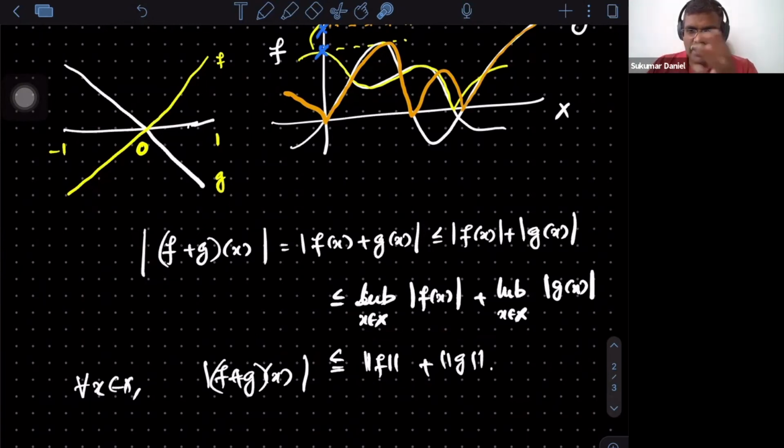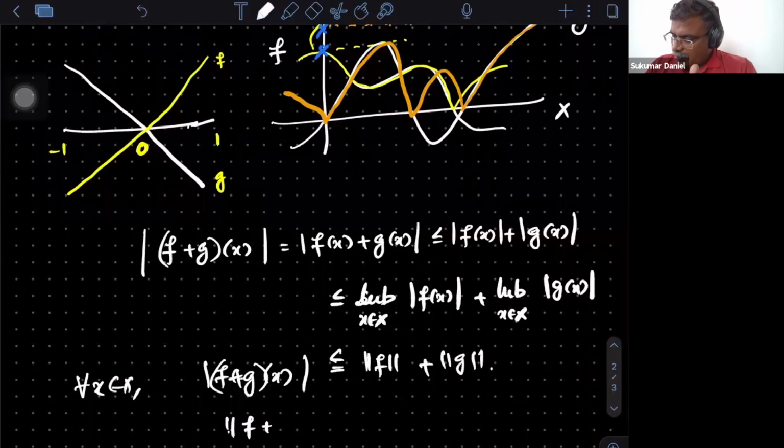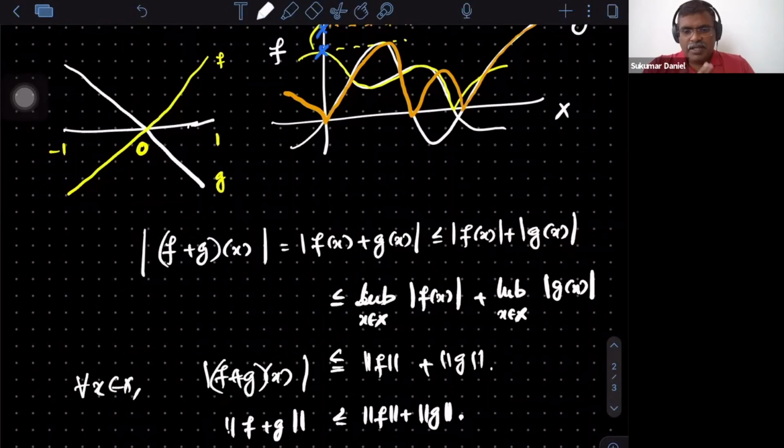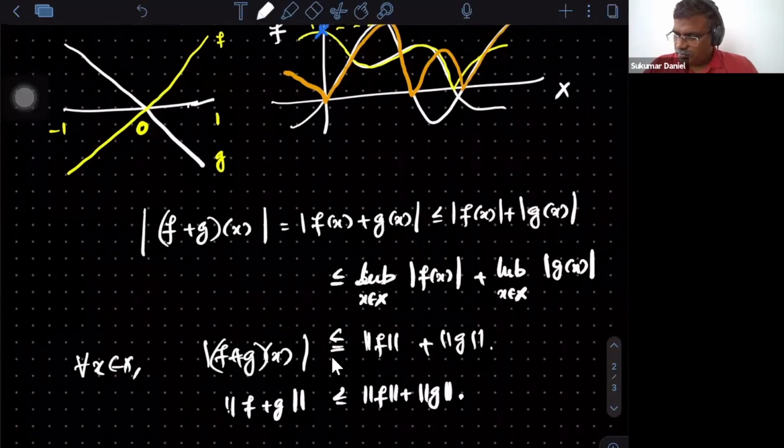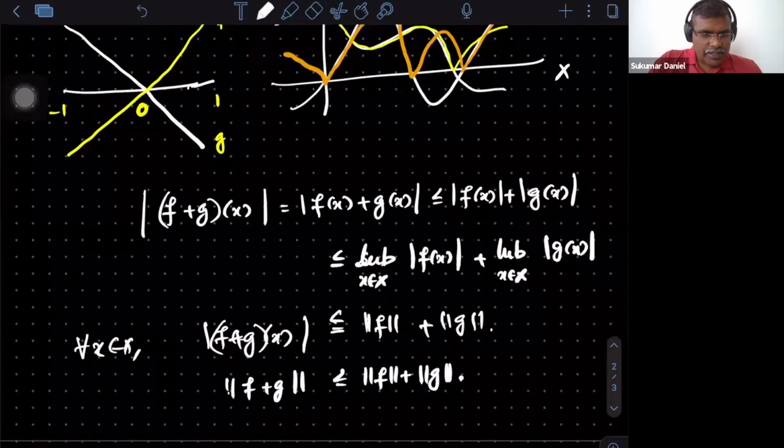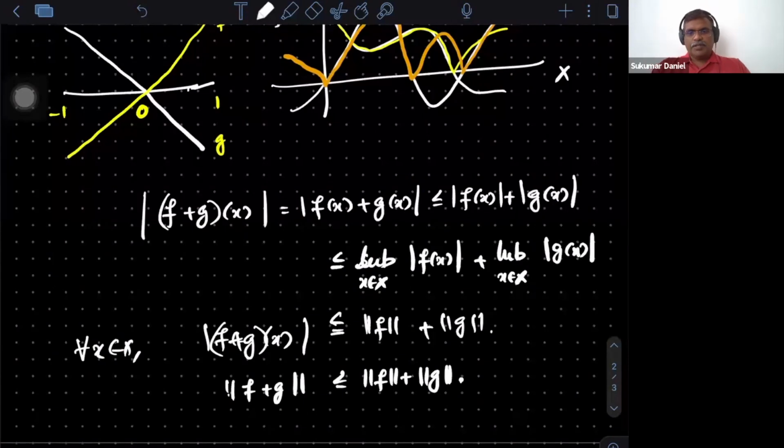So the connection between a least upper bound and an upper bound is always less than or equal to, and hence we get norm of f plus g is less than or equal to norm f plus norm g. So it might look like unnecessarily re-emphasizing, but remember we will be using this a number of times. So is this part clear up to this? So we have actually verified the triangle inequality.